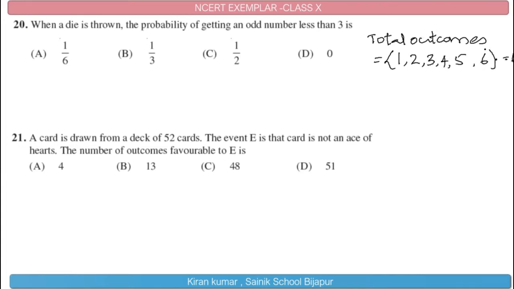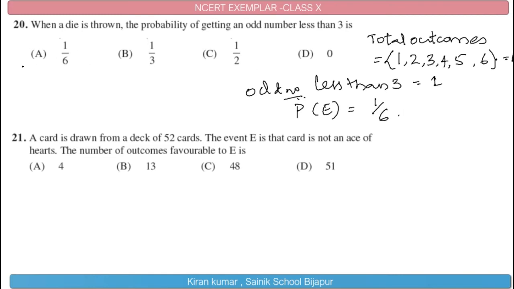So 6 outcomes will be there. Odd number less than 3 will be only 1. So the probability of this particular event is 1 upon 6. So option E is the right answer.